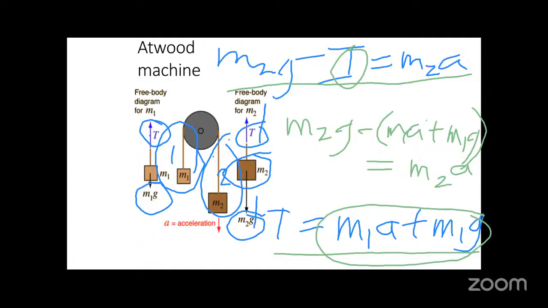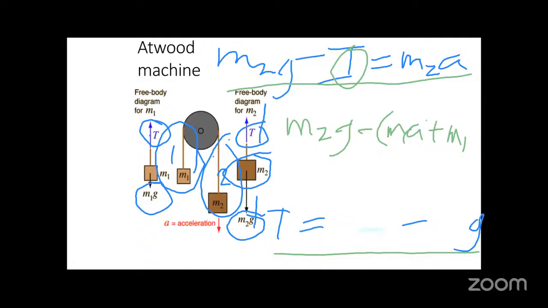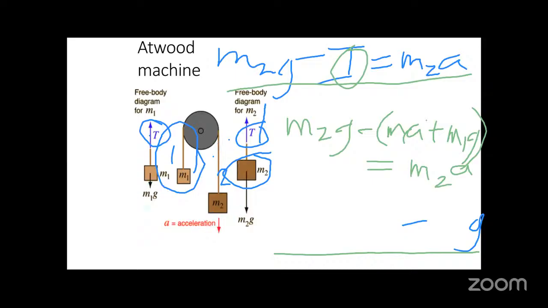So now we can solve for acceleration. To solve for acceleration, we open the bracket and move the acceleration term across the equality sign.